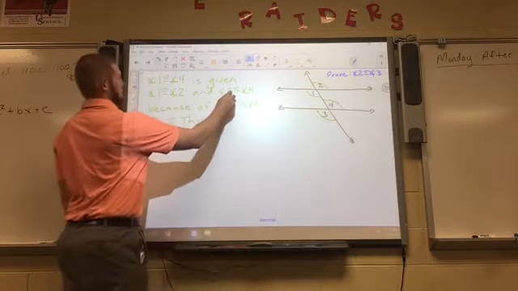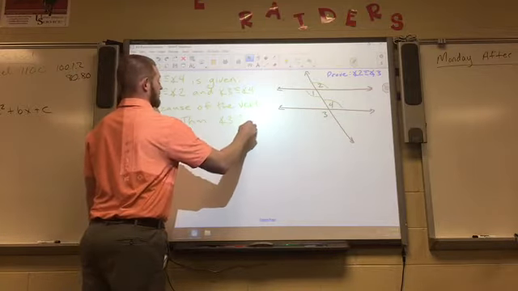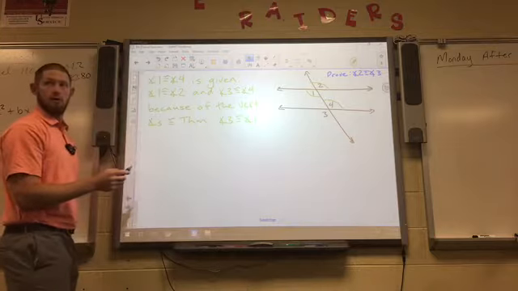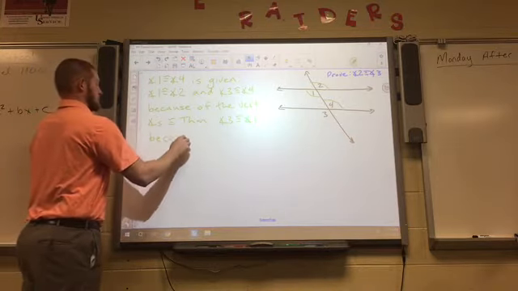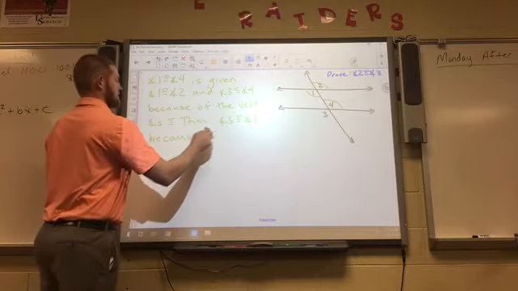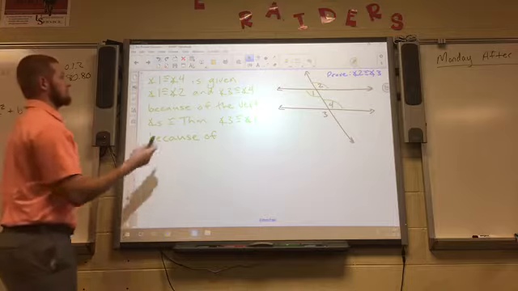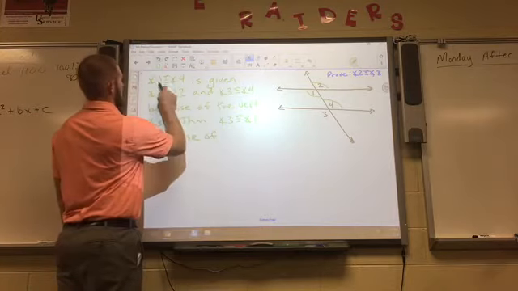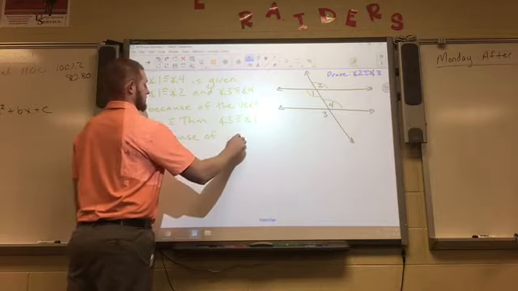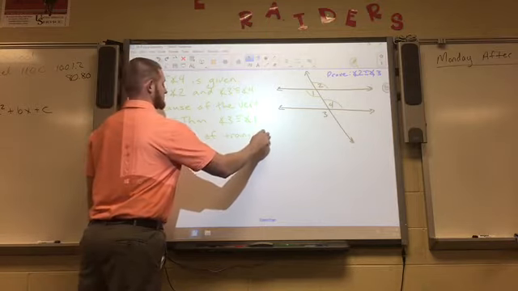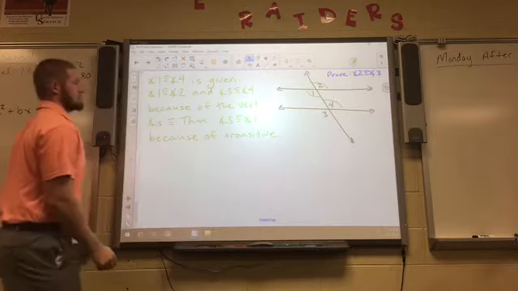So then you're saying that angle 3 is congruent to angle 1, right? Because of, we need a reason first. Why is 3 congruent to 1? It could be the transitive property, because if 1's congruent to 4 and 3 is congruent to 4, then we can call that the transitive property. Okay.